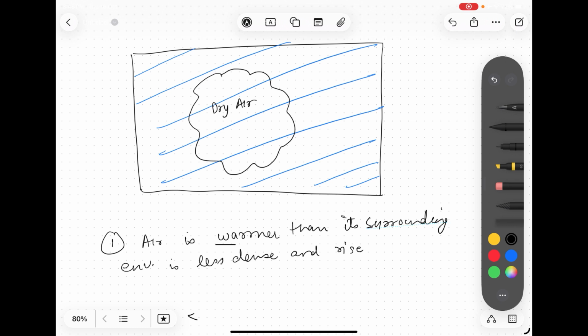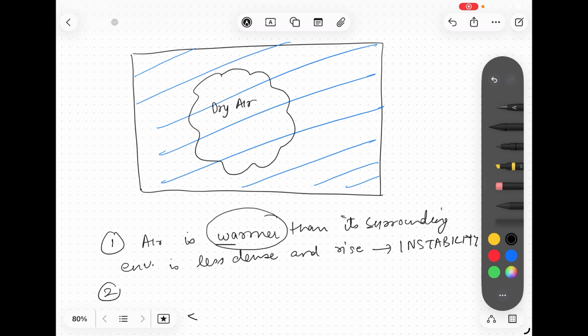So if my environment is cold and my parcel of air, the bubble of air, is warm, then it is going to rise and get colder. The warm air always rises, the cold air always sinks. So when my air is warmer as compared to the environment, that bubble or parcel of air will rise. When it's rising, it is creating an unstable condition because there is a movement in air. So this causes instability.